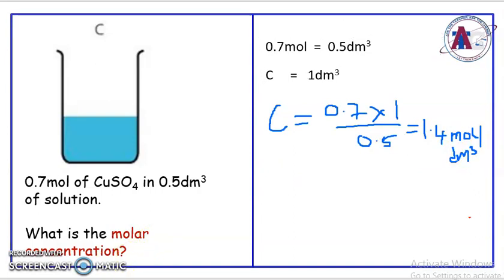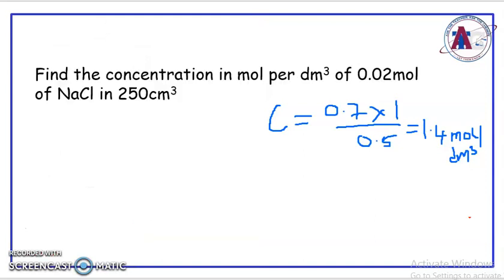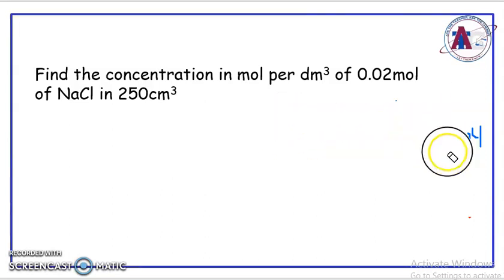What if you are asked this kind of question? What if you are asked to find the concentration in moles per dm³ of 0.02 mole of sodium chloride in 250 cm³?